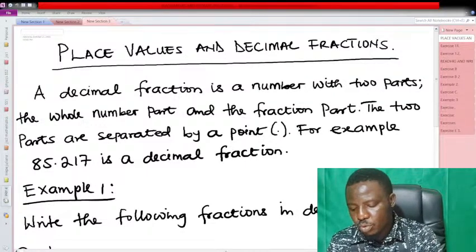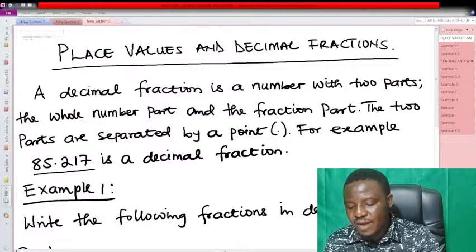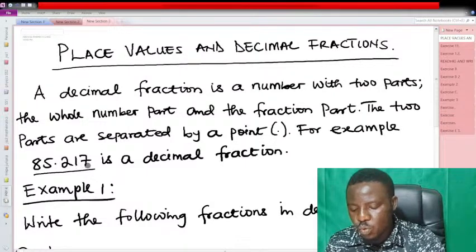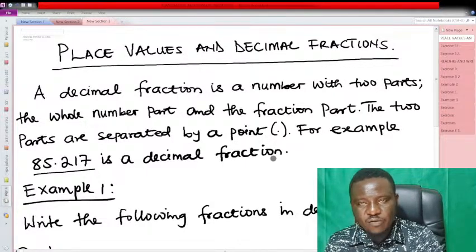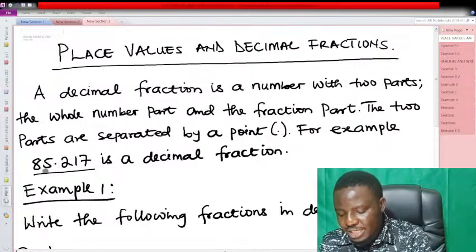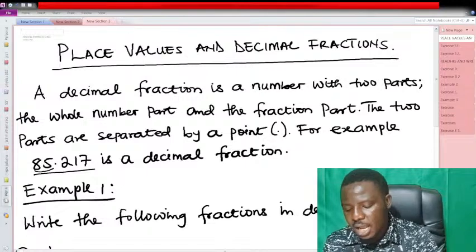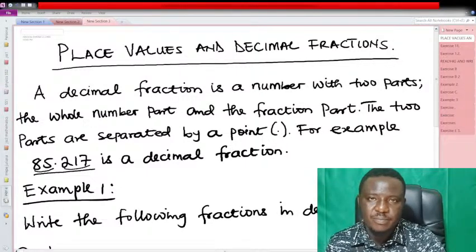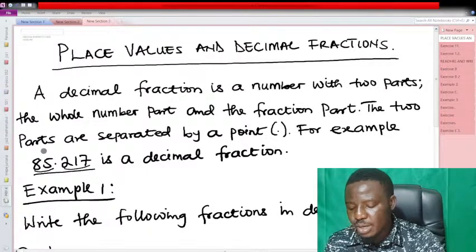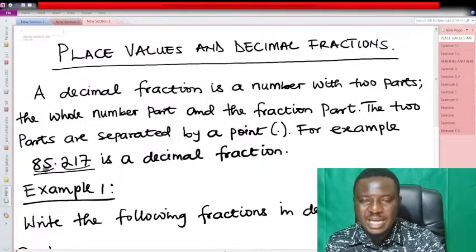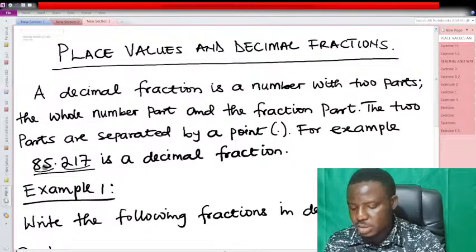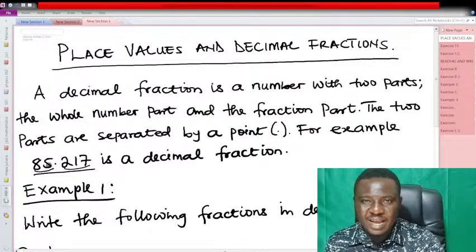For example, 85.217 is a decimal fraction. Before the decimal point, we have the whole number part, and after the decimal point, we have the fractional part. In the whole number part, we read the numbers based on their place values. That's why we call this 85.